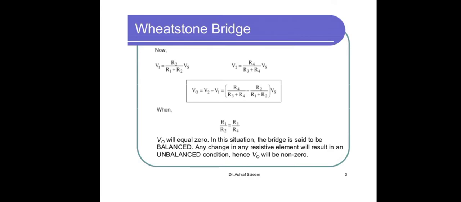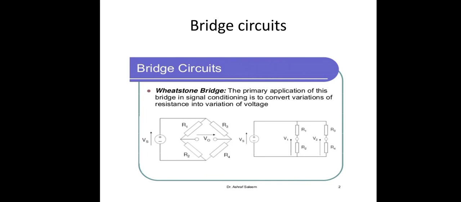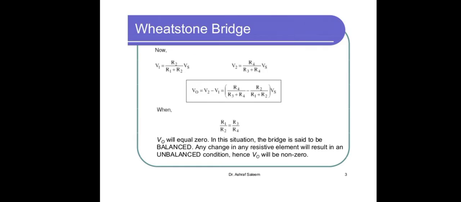V1 is across R1 and R2: V1 is equal to R2 upon R1 plus R2 into Vs. The second voltage V2 is across R3 and R4: V2 is equal to R4 divided by R3 plus R4 into Vs. The total voltage is the difference between these two voltages: V0 is equal to V2 minus V1, which is equal to R4 upon R3 plus R4 minus R2 upon R1 plus R2, into Vs.